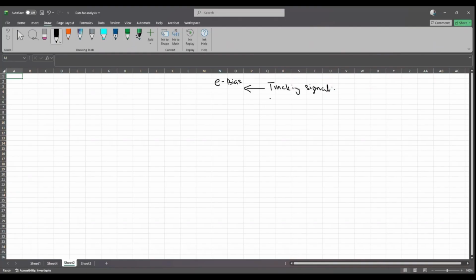So consistent underestimation and consistent overestimation give you error bias, and tracking signal is a methodology that numerically detects that problem. So how does this tracking signal work? It works in some way like this. You have a central axis, and in between you have a central line, which is a mean value.